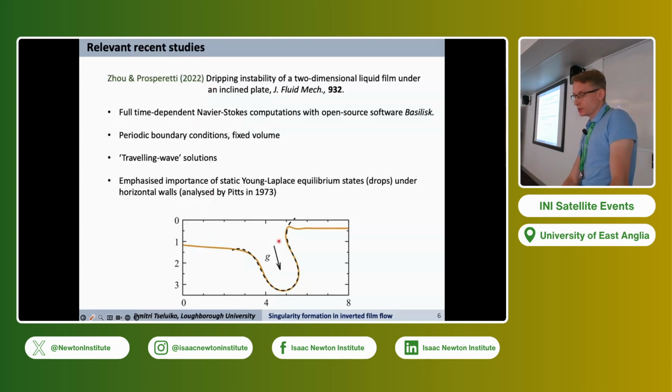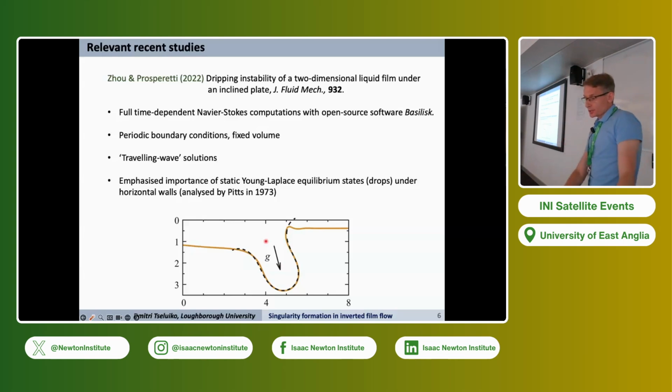An example is shown here, and they observed that there is a droplet formed in the middle of the computational domain, and this droplet remains stable if the inclination angle is not too large, but when the inclination angle becomes sufficiently large, the droplet detaches from the surface of the film and dripping occurs.